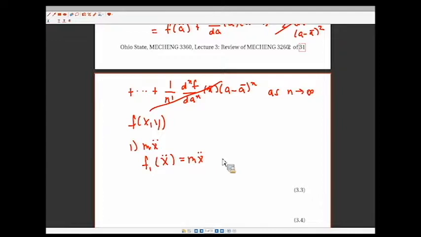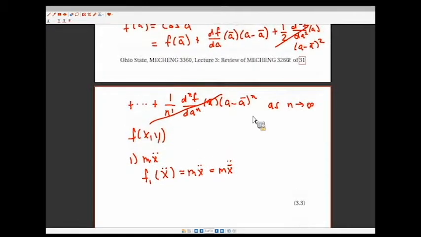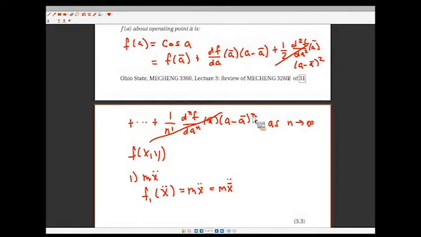And if we look at the Taylor series expansion for this term, it would be m x bar double dot. This is the first time: evaluate the function at its operating point. We're then going to take the derivative of that function with respect to the variable.